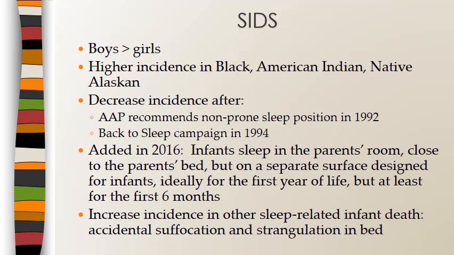And so this is also a recommendation that has been made by the American Academy of Pediatrics as part of the Back to Sleep campaign. There is an increased incidence in other sleep-related infant deaths, such as accidental suffocation and strangulation, but we have definitely seen a decreased incidence in SIDS since we've instituted this type of program and education.